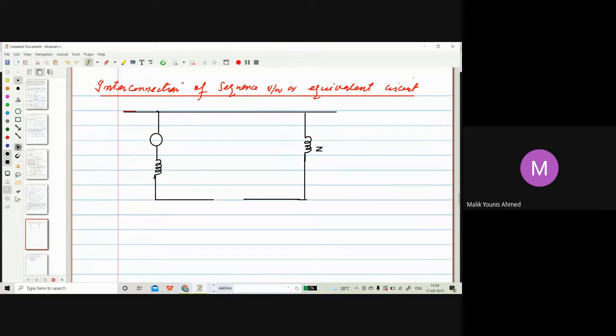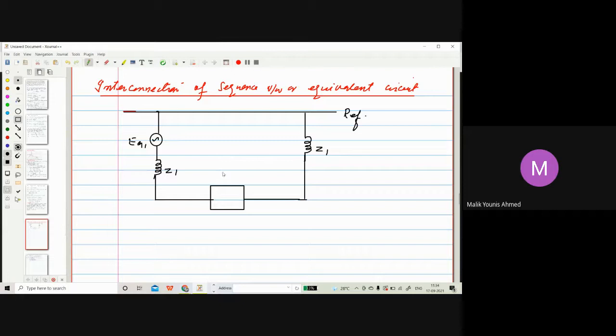This is Z2, this is Z1. This is EA1. The positive sequence will only have voltage. This is your reference. This is your fault impedance ZF.